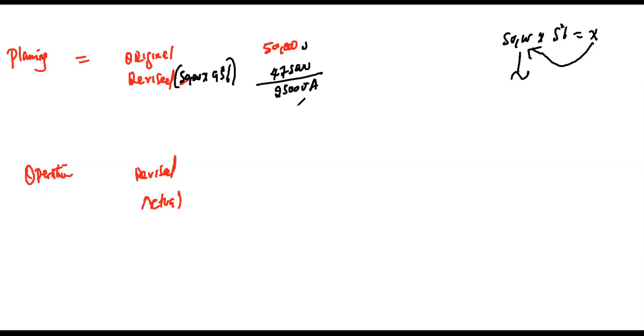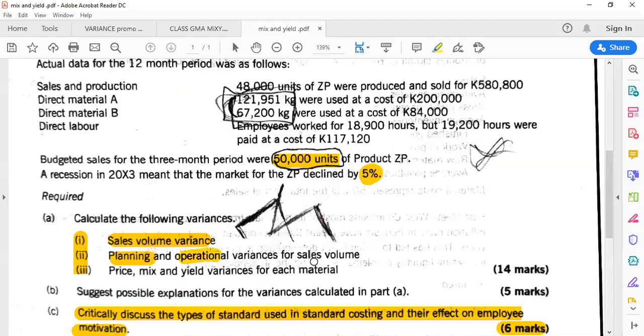Now here you have to be careful, because the question said something very specific. This is where most students miss it. It said planning and operational variances for sales volume. You see the word volume? Whenever you see the word volume, think about contribution. And this time they've told you it's marginal, so think about standard contribution.